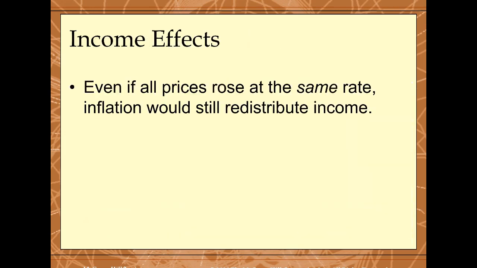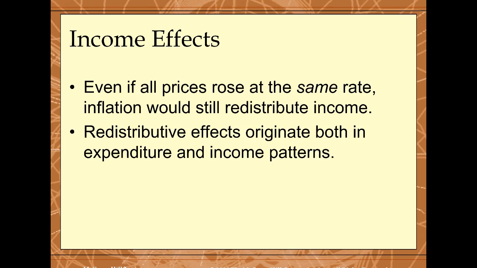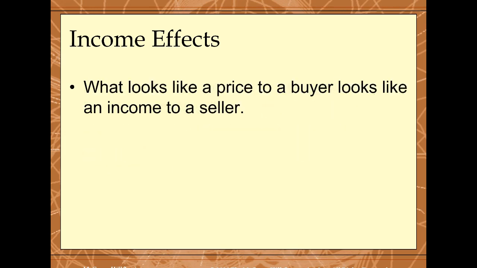So what about income effects? Even if all prices rise at the same rate, inflation would still redistribute income. The redistributive effects originate both in the expenditures, or in other words, spending, and income patterns. What looks like a price to a buyer looks like an income to a seller.